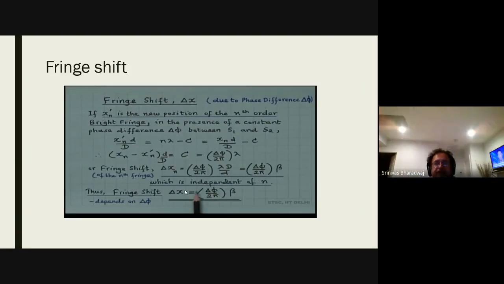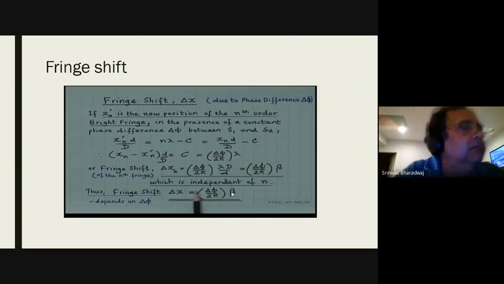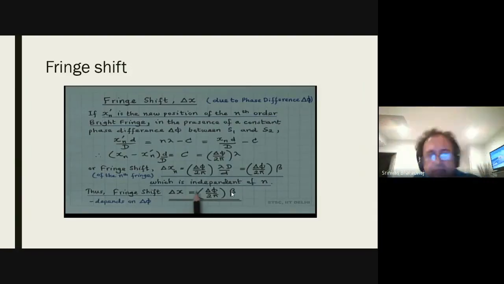And the fringe shift is also proportional to the fringe width. So delta phi by 2 pi times beta will give you the fringe shift.